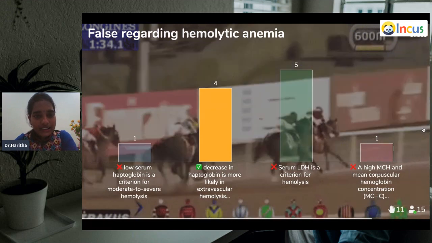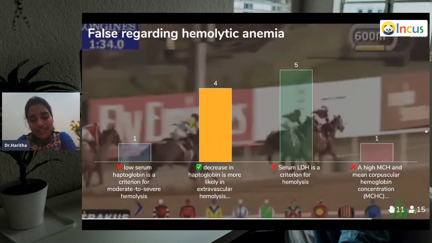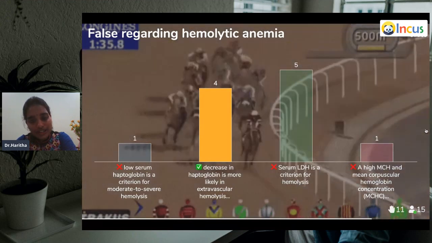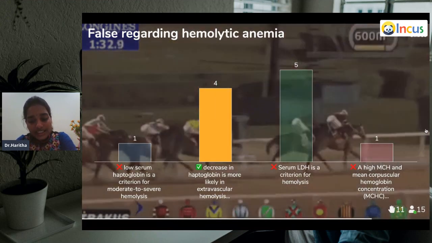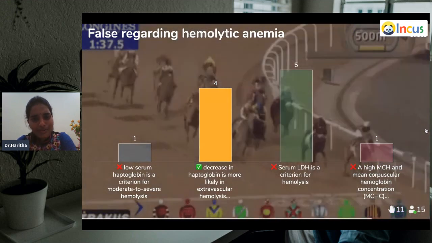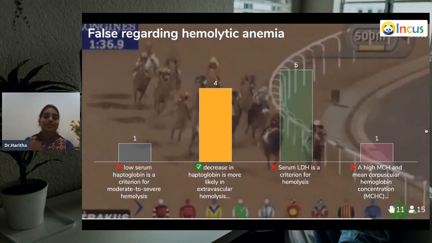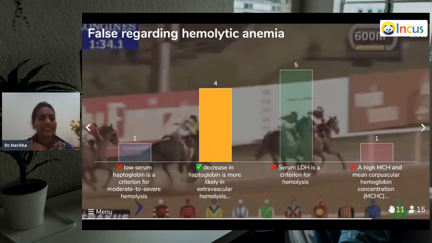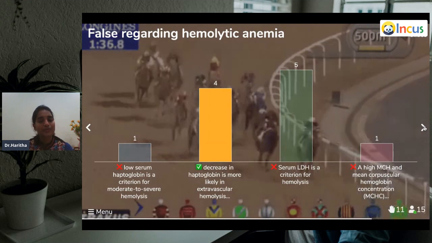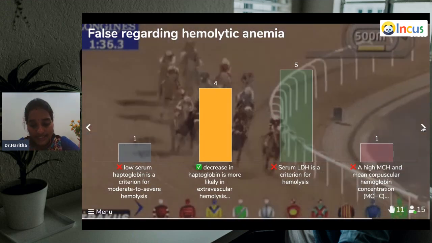Haptoglobin is basically an acute phase reactant. So serum haptoglobin is a criterion for moderate to severe hemolysis. Is a decrease in haptoglobin more likely in extravascular hemolysis than intravascular hemolysis? I don't think so. Intravascular hemolysis will give a greater decrease in haptoglobin. Extravascular hemolysis is characterized by the presence of spherocytes with increased MCH and MCHC.